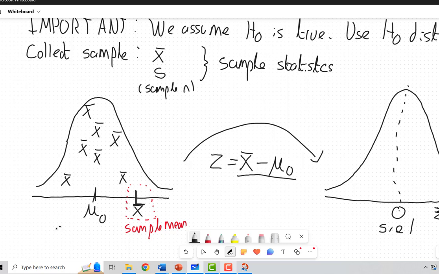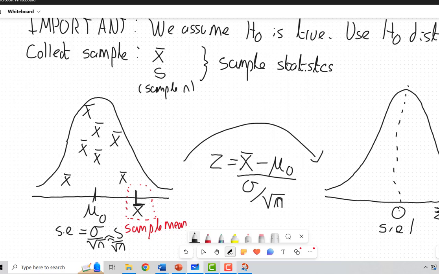Even though it's now been centered at mu 0, it's still got this standard error, which, as with the confidence intervals, we sometimes have to estimate. And that's our Z transformation.